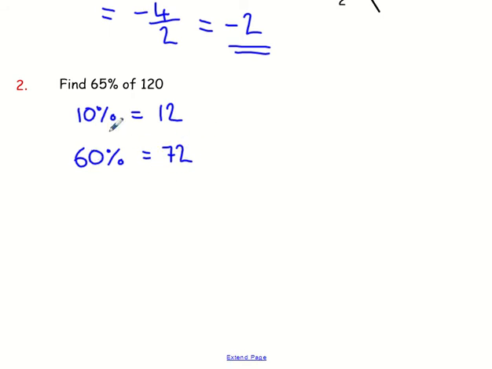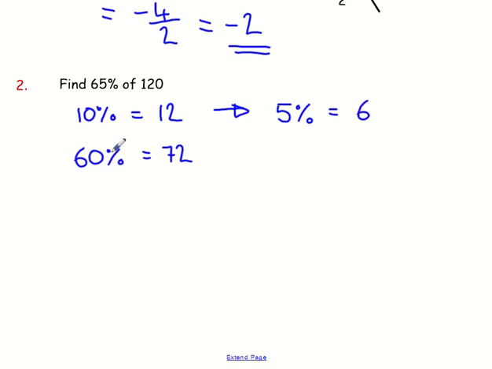We have 60%, we need to find 65%, but we do know what 10% is, so we can use that to help us find the extra 5% we need to make 65%. 5% is just half of 10%, so 5% is just going to be 6.